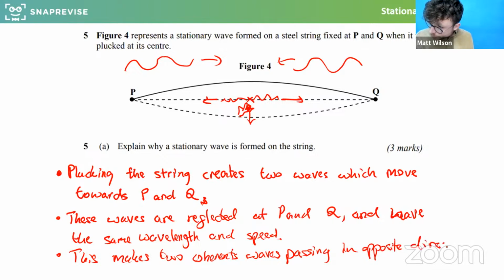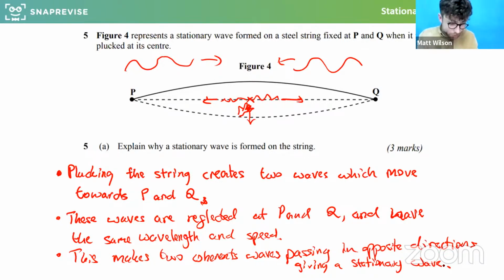And as we saw on the last slide, when you have two coherent waves passing in opposite directions, that gives you a stationary wave. So you needed to know two coherent waves will give you a stationary wave. You needed to explain why on earth those were going to be there. Good. Okay.